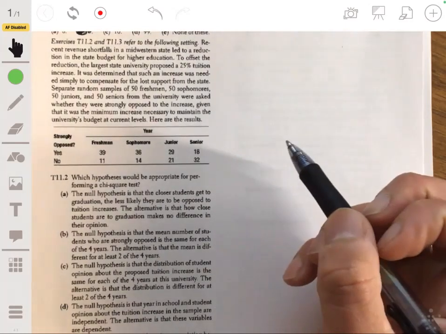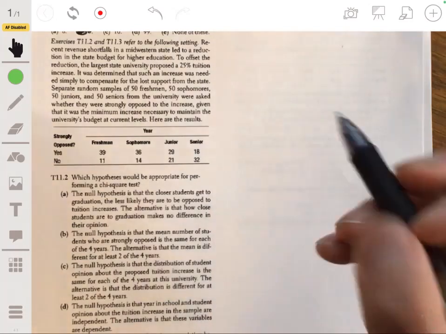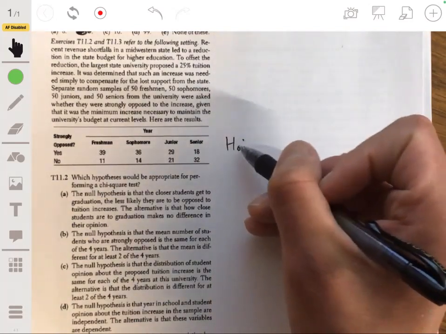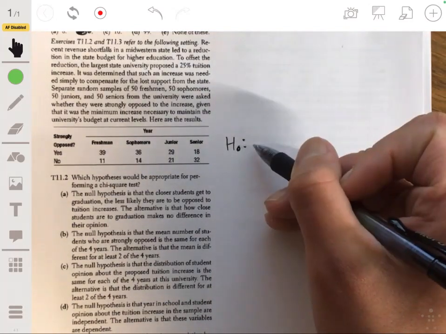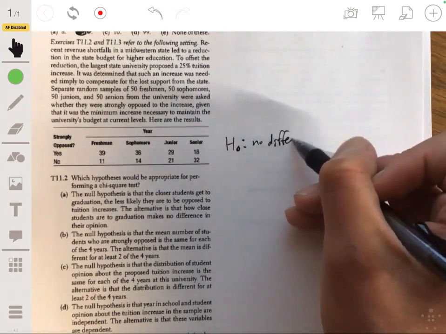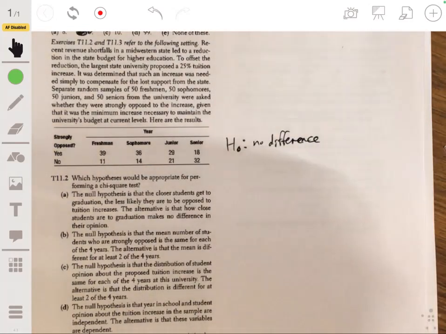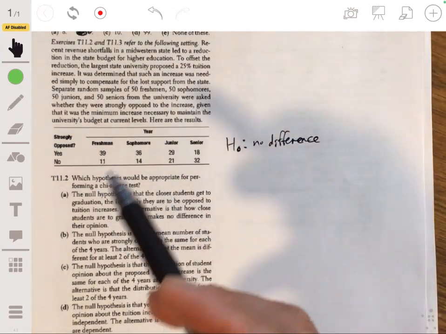So chi-square test for homogeneity, and the null hypothesis, your H0, is essentially, remember, that there's no difference in the distribution of answers, or that the distribution of answers is the same for each group.